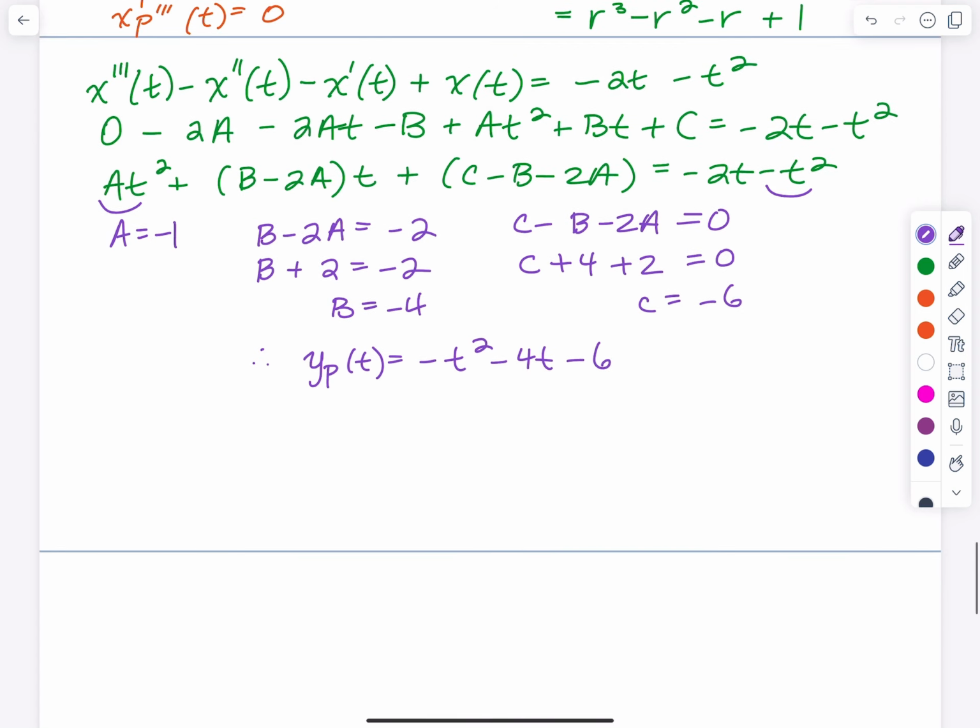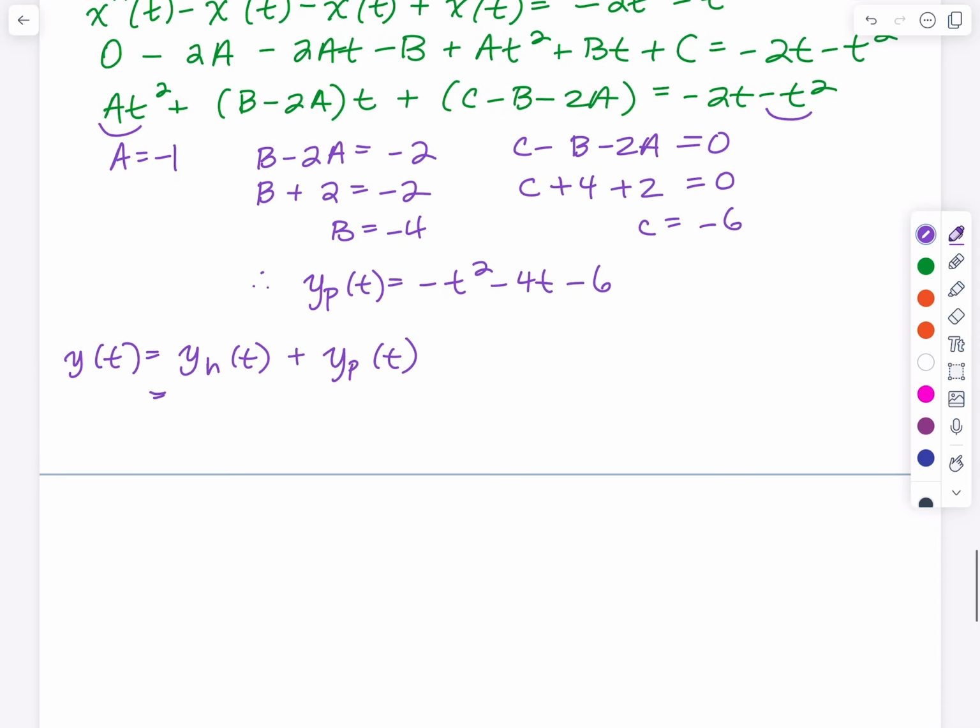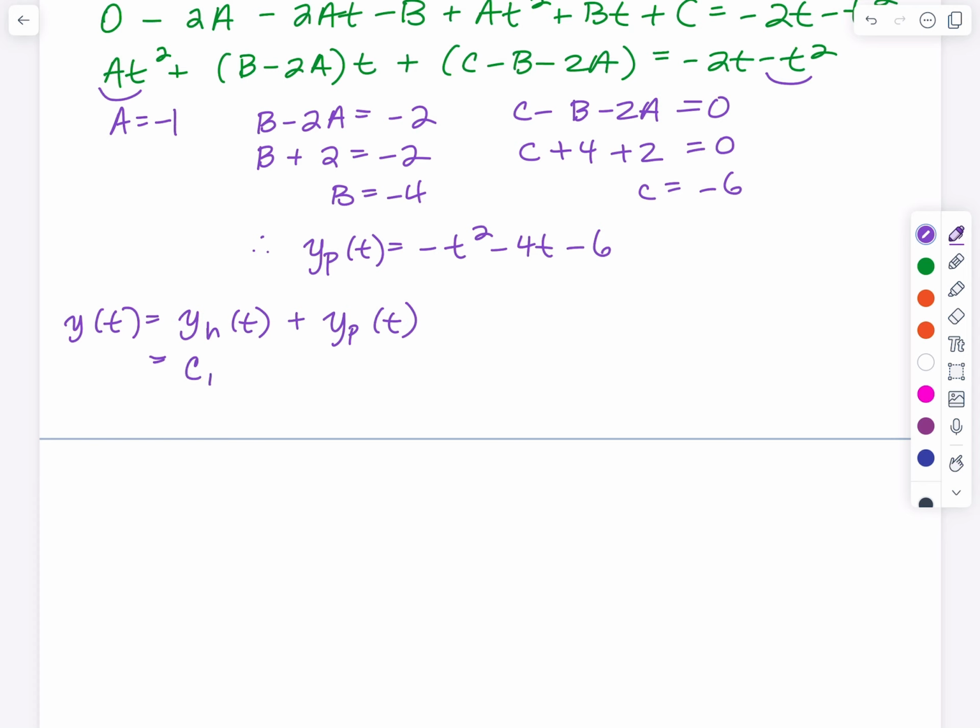So now we have our general solution, which is the solution of our homogeneous equation plus our particular solution, and we come up with c1 e to the t plus c2 te to the t, which we can see above, plus c3 e to the negative t, and then our particular solution. So this is our x of t.